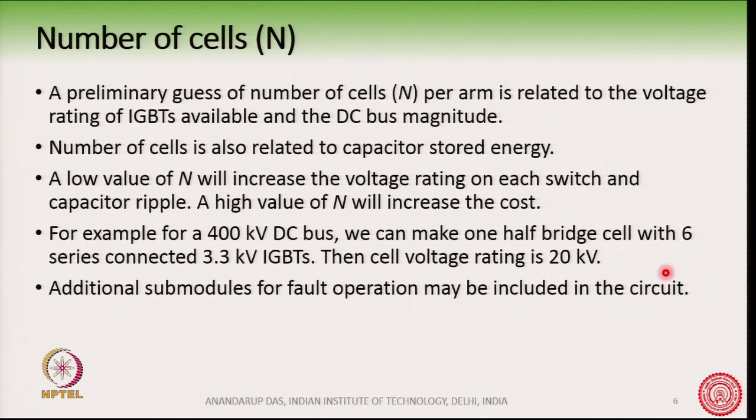So, you will need at least 20 such cells for supporting the 400 kV DC bus. Of course, each cell will have a switch consisting of 6 IGBTs in series in the upper part, and the lower part also 6.